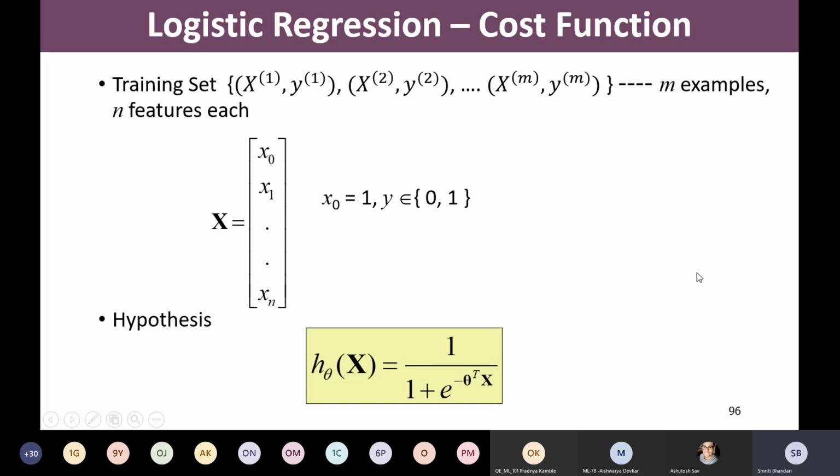This is just the revision. What we are interested in is to choose the parameters theta for our hypothesis h theta x. To come up with these parameters, we need to define a cost function that we would like to optimize.